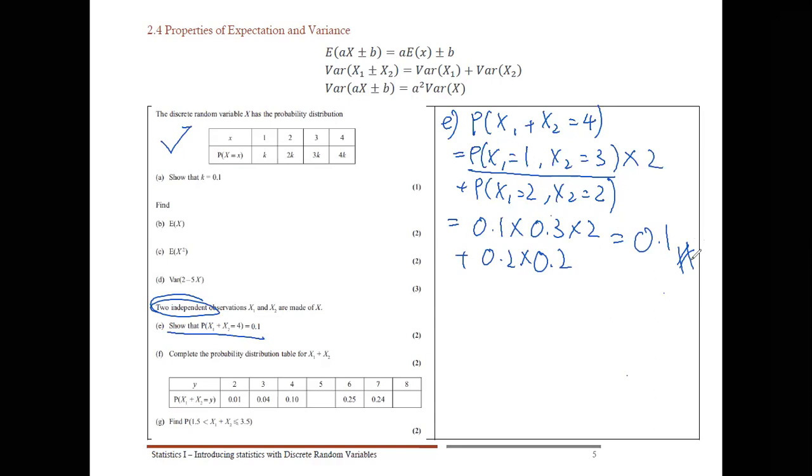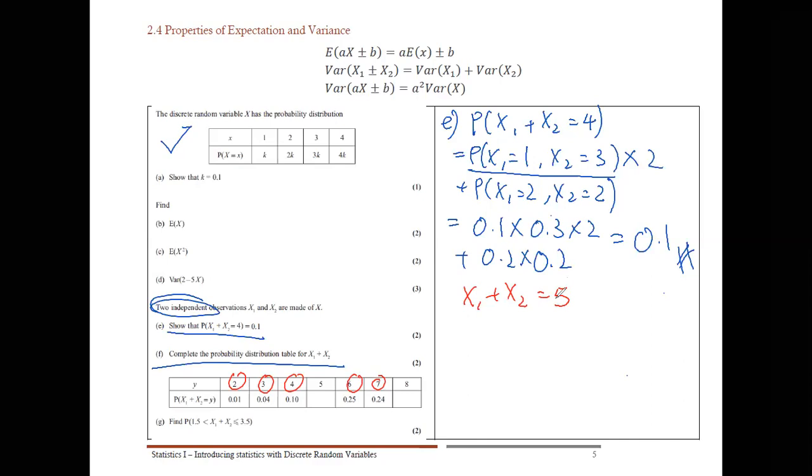Okay, so with that, for F, we are asked to compute the distribution table for x1 plus x2. They have done up 2, 3, 4, 6, and 7 for me, so I just need to do 5. How can I make x1 plus x2 equal to 5? What are my combinations?